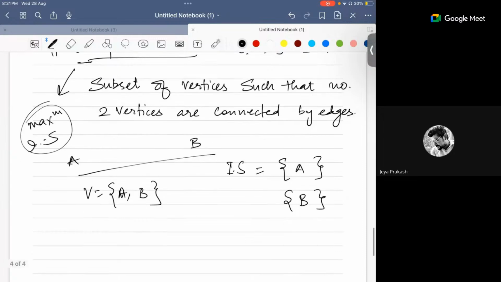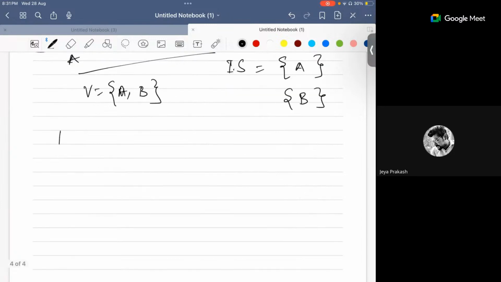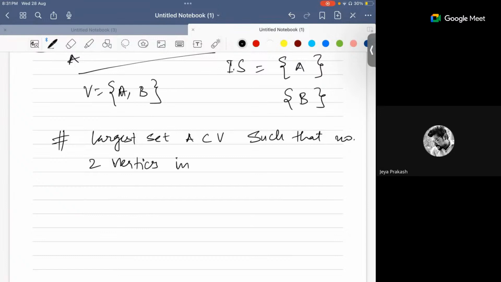Here you just have to find out the largest set A, where A is a subset of V. V was the combination of all the vertices of your graph, such that no two vertices in A should have a direct edge.